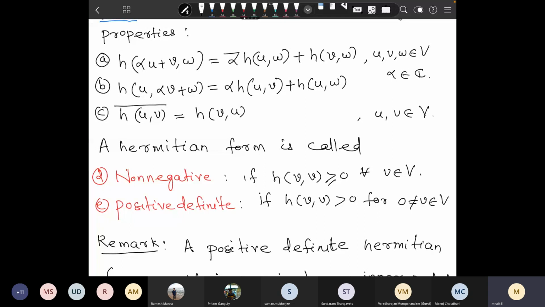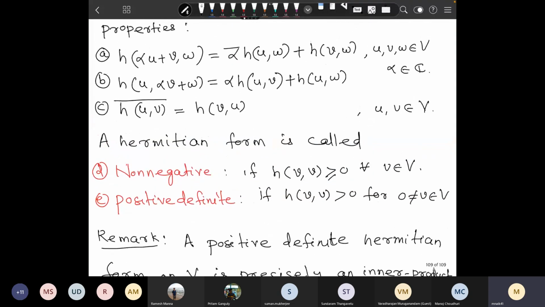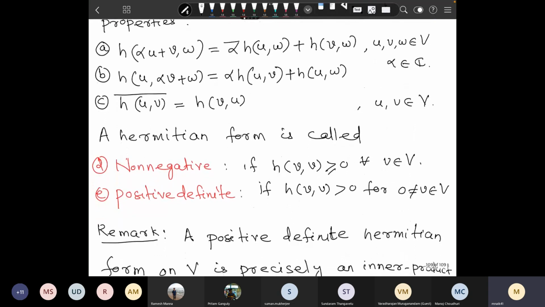A Hermitian form is called non-negative if H of V comma V is greater than or equal to 0 for all V belonging to V, and positive definite if H of V comma V is greater than 0 for 0 not equal to V belonging to V. Remark: a positive definite Hermitian form on V is precisely an inner product on V. A Hermitian form satisfies all the properties of an inner product except that it need not be positive definite.